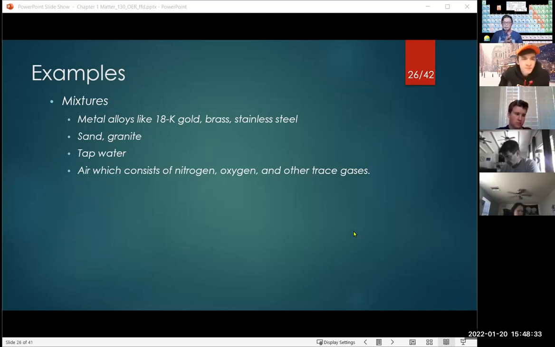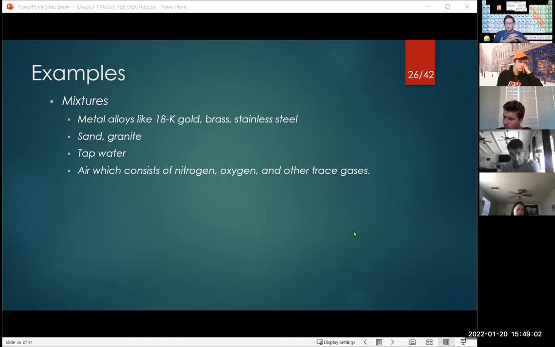So normally what you have is a mixture of gold and what are called alloys, like 18 karat gold or 24 karat gold, whatever karat you're using. It's a mixture of that gold plus some other element, and the mixture gives it strength so you can utilize it. Brass is a mixture of copper and zinc. Stainless steel is a mixture of carbon and iron, pure iron by itself.